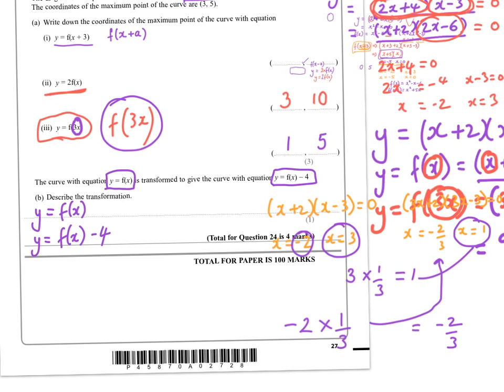If you had a situation where you wanted y equals f of x plus 2, for example, then every point that is plotted would just translate upwards by 2 units parallel to the y-axis.